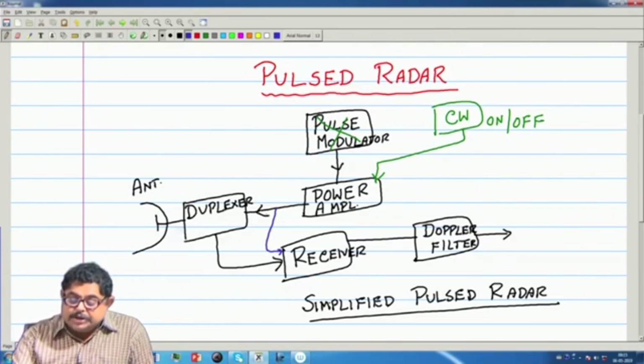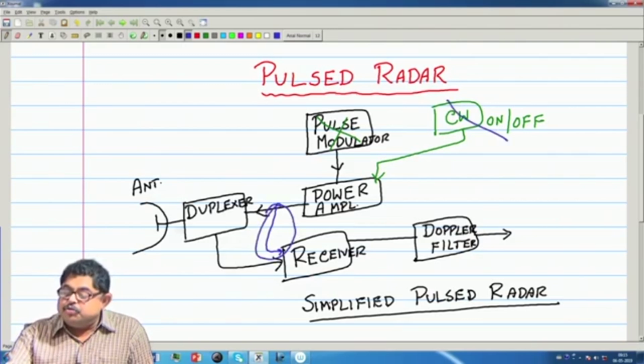So, there is a connection required. Due to this part actually this scheme won't work.